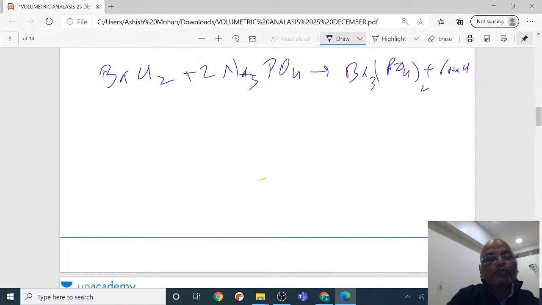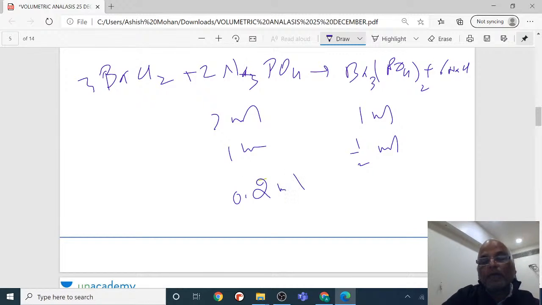Here this is 3, this is 2. 2 moles give you 1 mole, so 1 mole will give you 1 by 2 mole. But here we have 0.2 mole, so 0.1 mole.